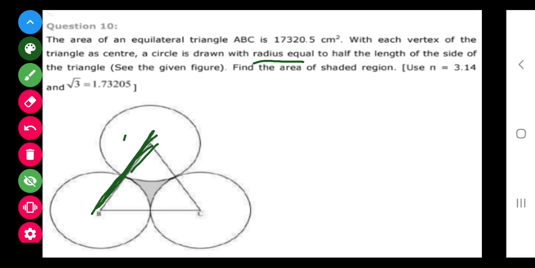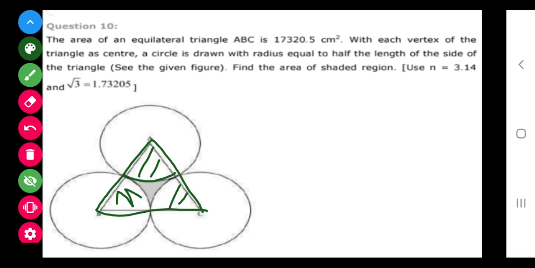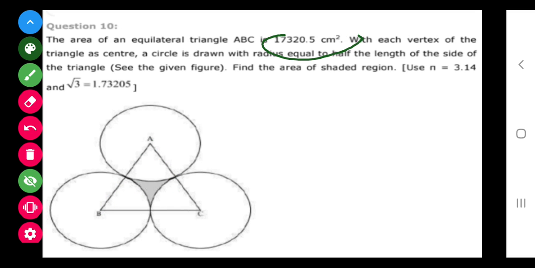Suppose the side is 6 completely, then the radius will be 3. Now we have to find the area of the shaded region, meaning this area only. How will we determine it? Area of triangle minus area of 3 sectors, 1 sector, 2 sector, 3 sector. So first of all we will use this to get the side of the triangle.